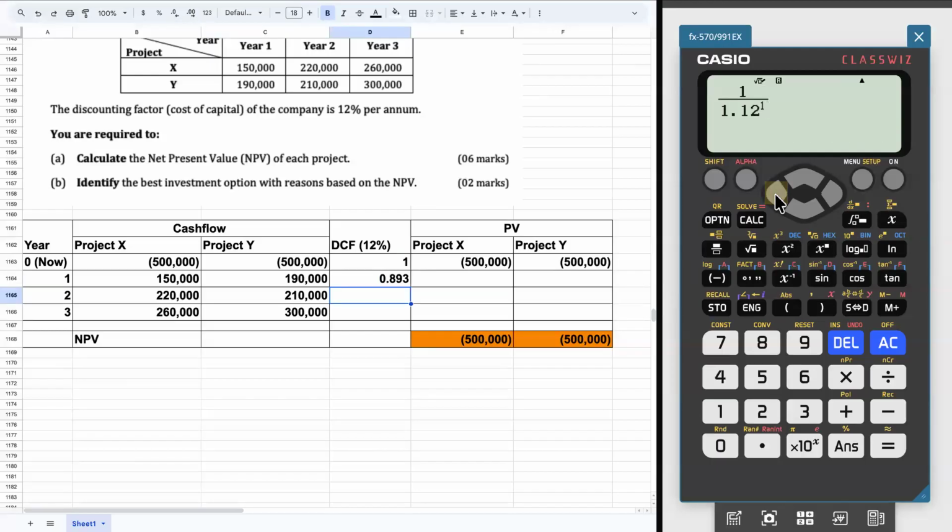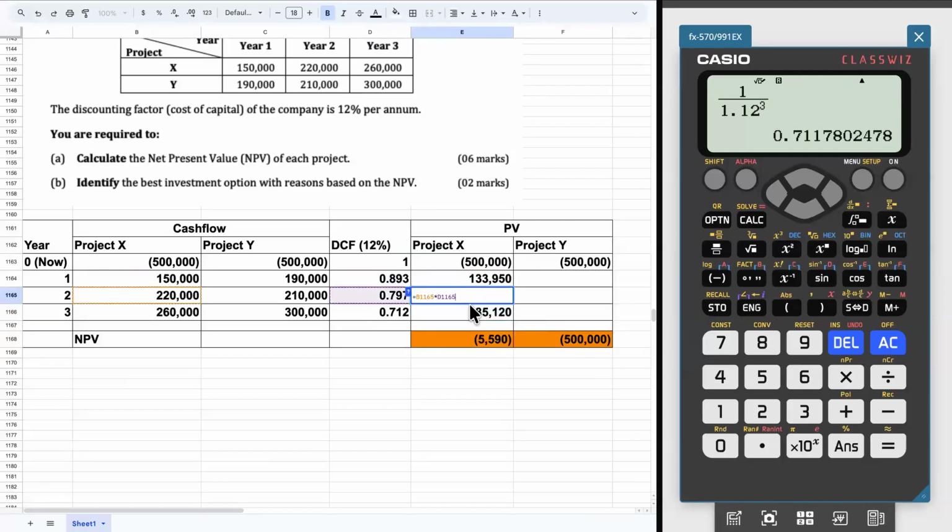Then if you change the power to 2, it will give you the second year present value factor, discounting factor, 0.7971, so we can keep it as 0.797. And if you change the power to 3, it will give you the third year factor at 12 percent interest rate, that is 0.7117, so 0.712.